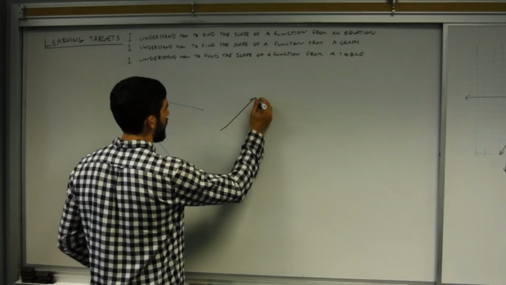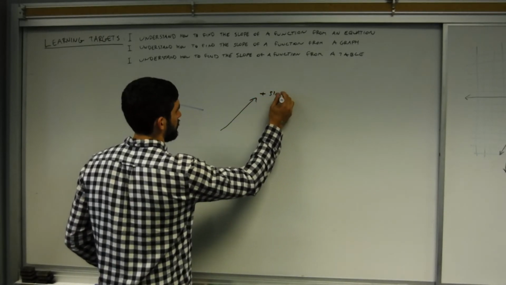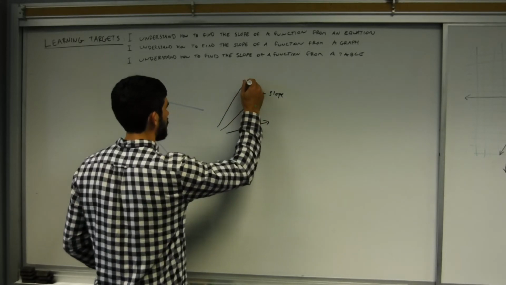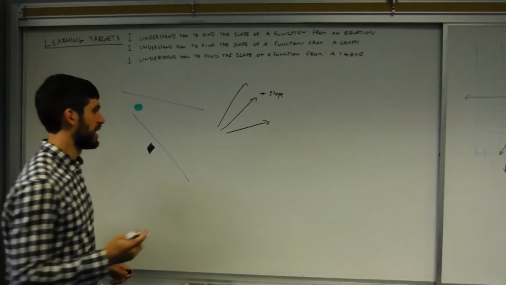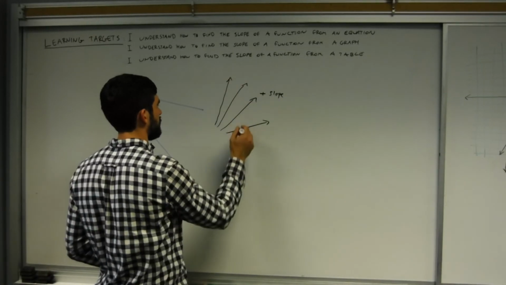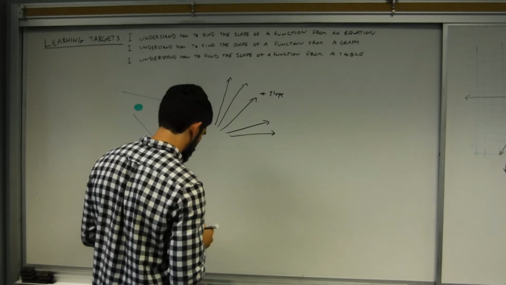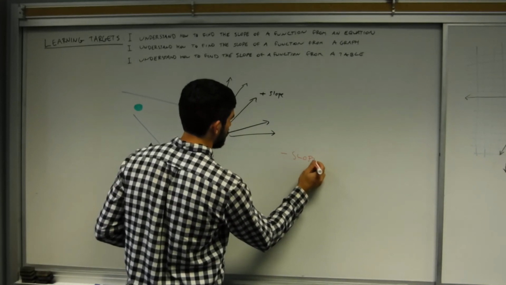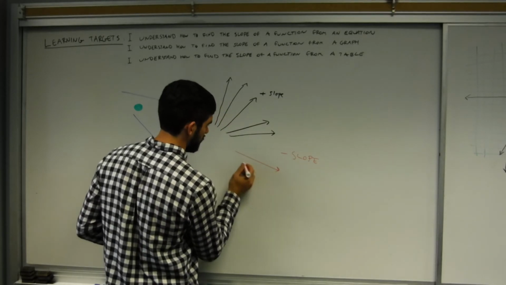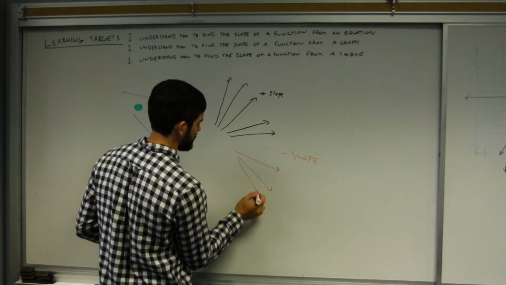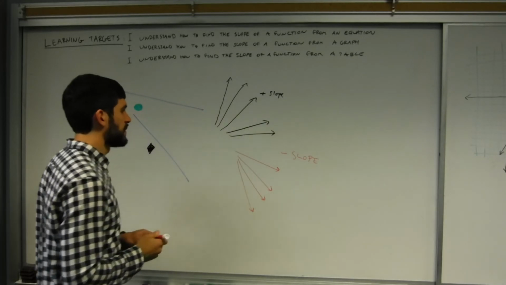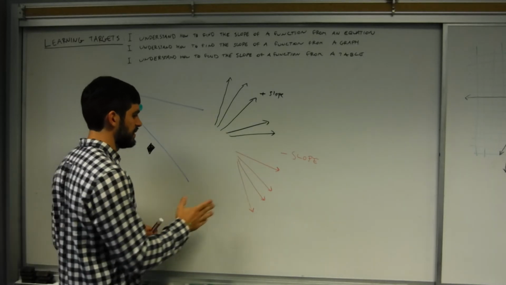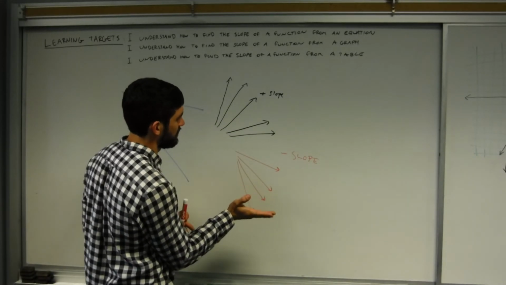And it can be positive, so these would all be positive slopes. This is like hiking uphill, up a steep mountain. We could also have negative slopes, which would be like this, like skiing down something. So slope is just how steep a line is.